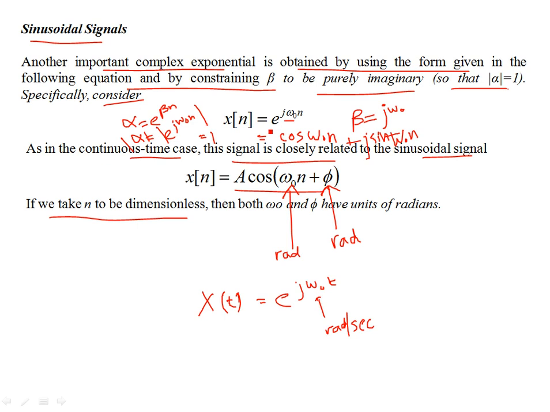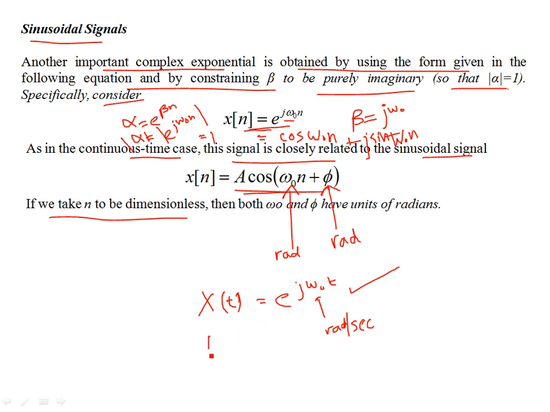Another difference, besides the dimensions of frequency, is that they are not periodic. Okay, they are not necessarily periodic. The discrete time sinusoids, or discrete time exponential sequences, are not unconditionally periodic, as compared to complex continuous time exponential signals.